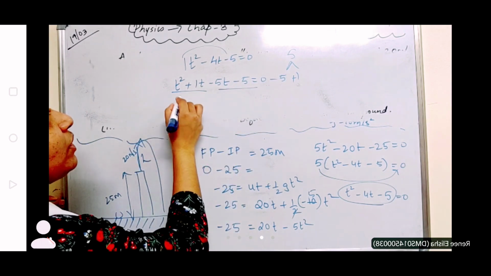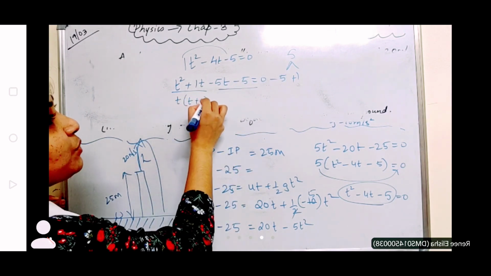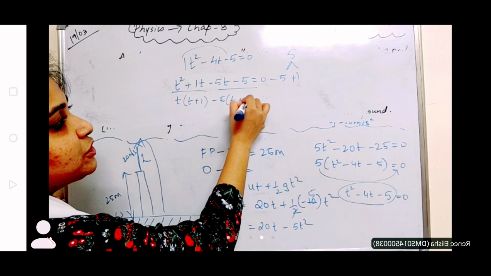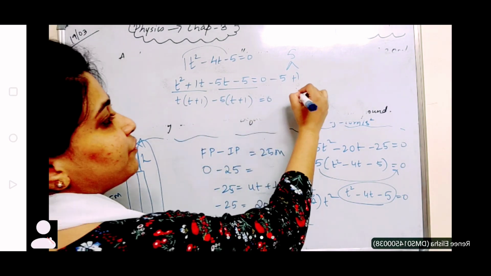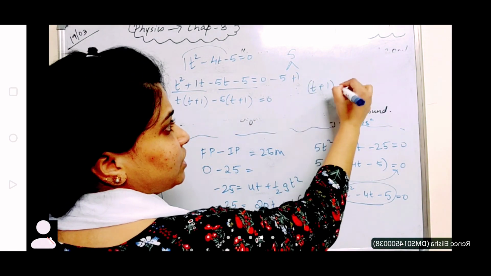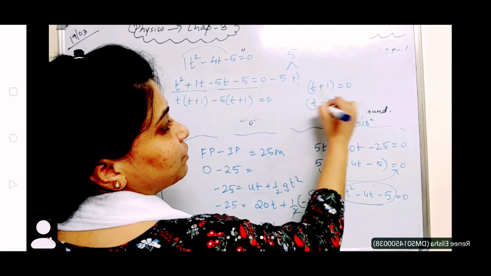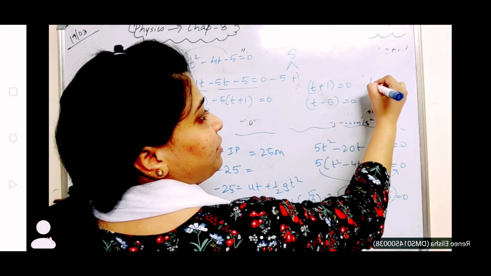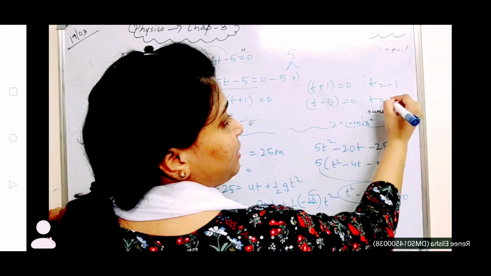Group: t is common, so t plus 1, and minus 5 is common, t plus 1, equal to 0. So we have t plus 1 is equal to 0 or t minus 5 is equal to 0. Therefore t would be minus 1 and t would be plus 5.